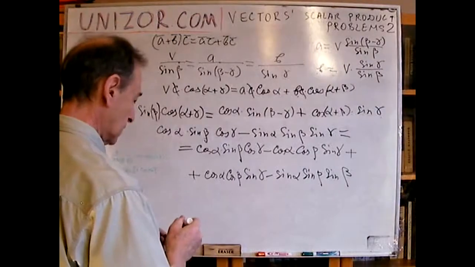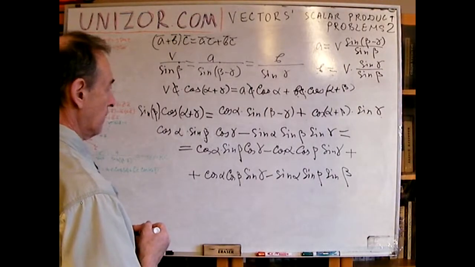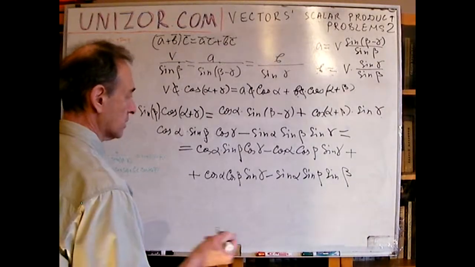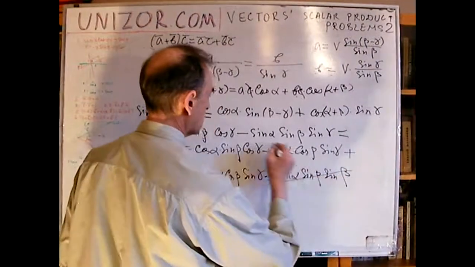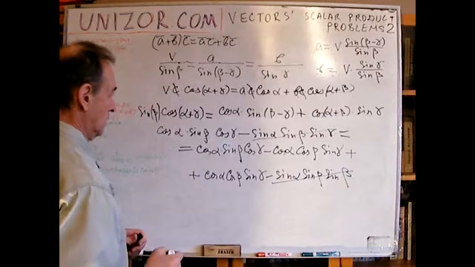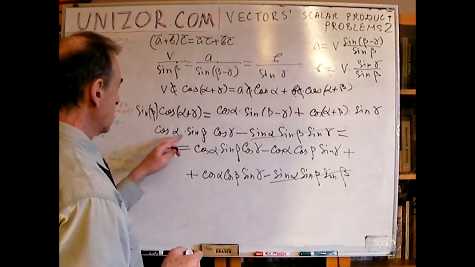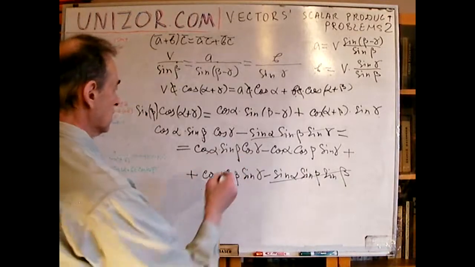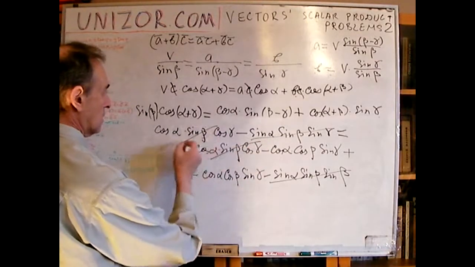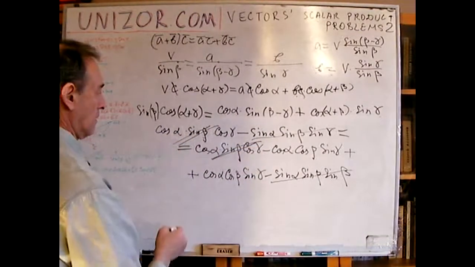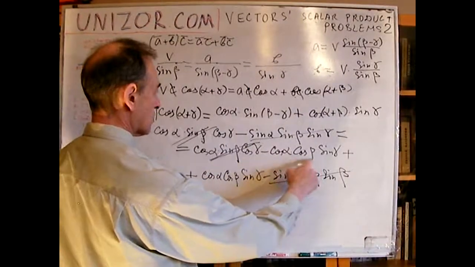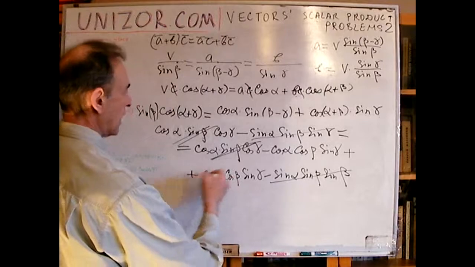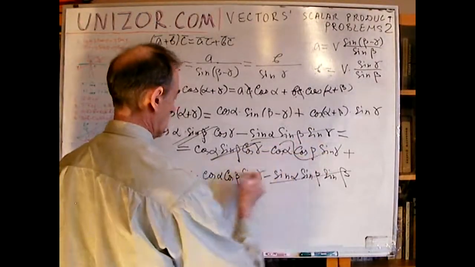Now, if I did not make mistakes, it should all be somehow equal. Well, let's think about it. This is equal to this. That's true. Cosine, sine, cosine. Cosine, sine, cosine. This is equal to this. And this, cosine, cosine, sine, cosine, cosine, sine, minus and plus, they nullify each other.